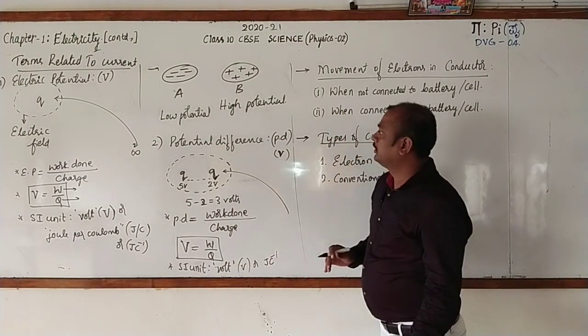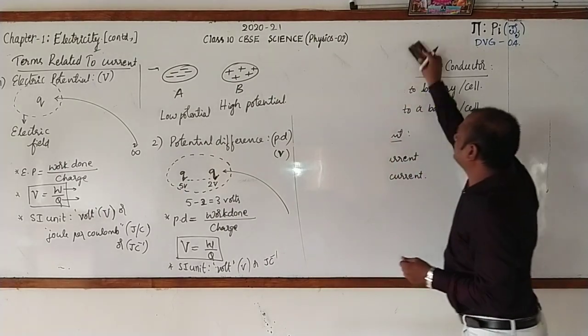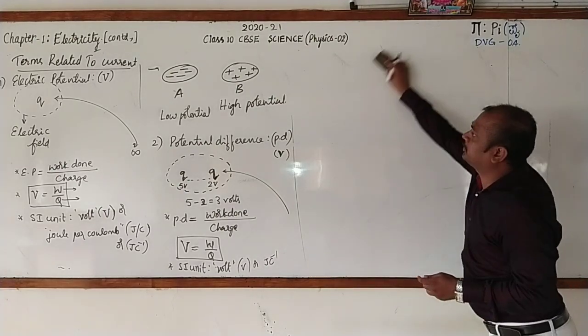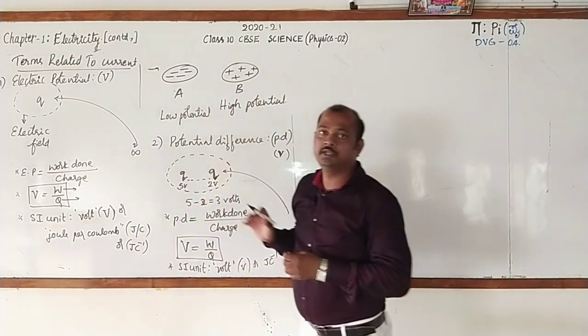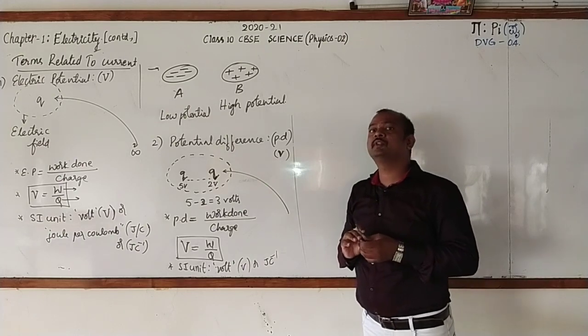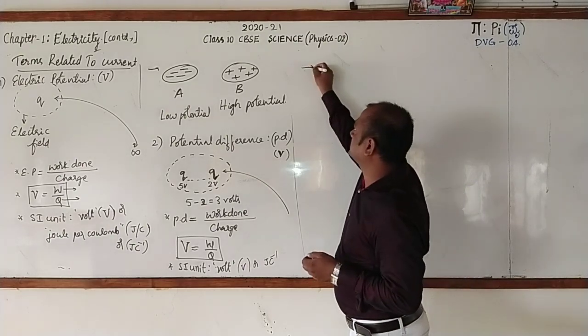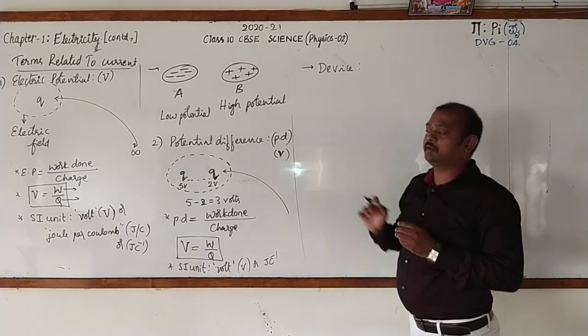Followed? I hope you all have understood this. To measure either electric potential or potential difference, we have a device. Do you know the name of the device? The device name is voltmeter.